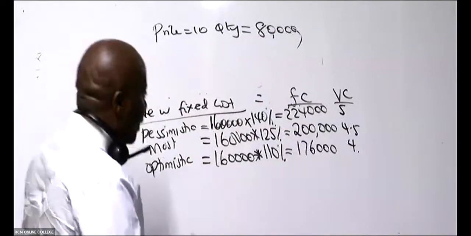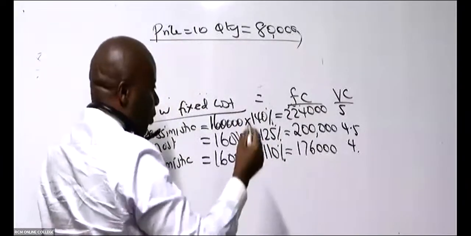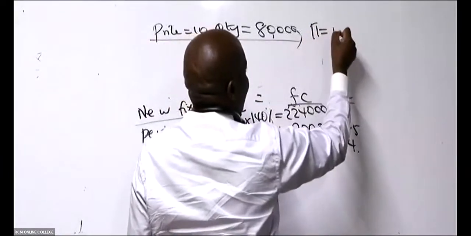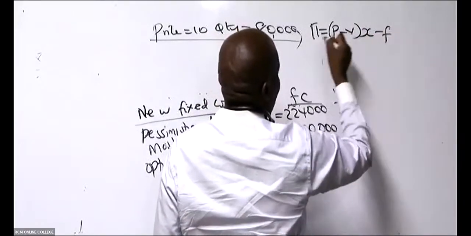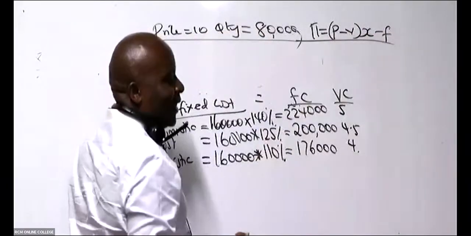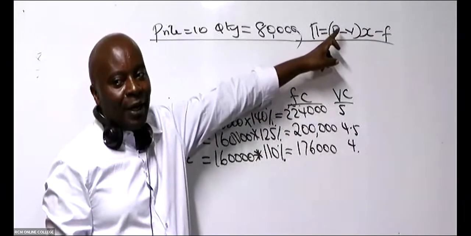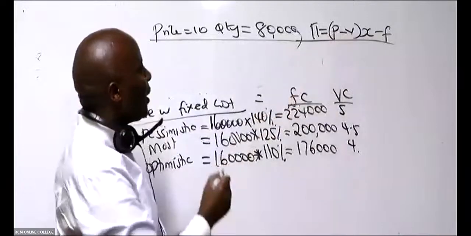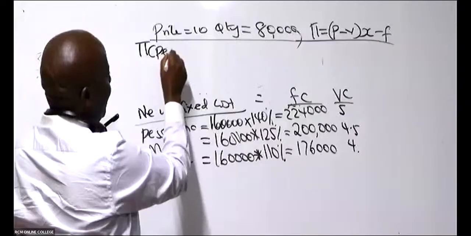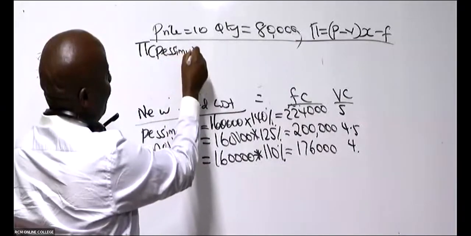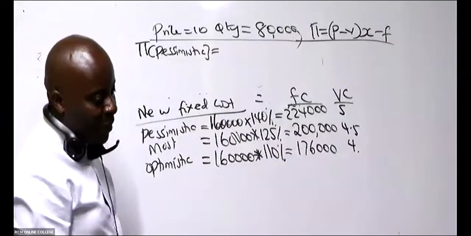So we underline this, and then we do, remember our equation. Don't forget our equation. Our profit equation is price minus variable cost, multiplied by X, minus fixed cost. Remember that we normally get the contribution margin by taking price minus variable cost. So we start with profit pessimistic.